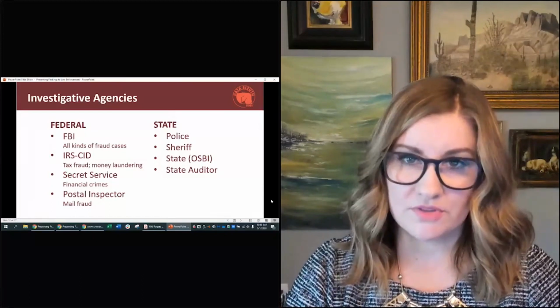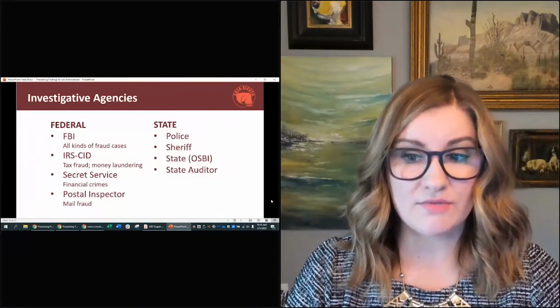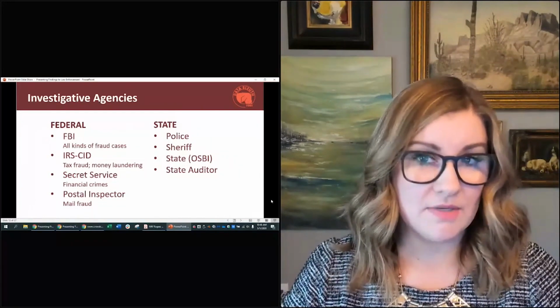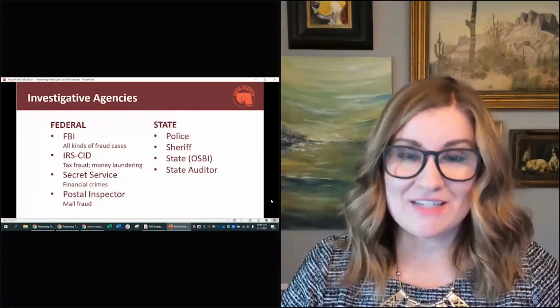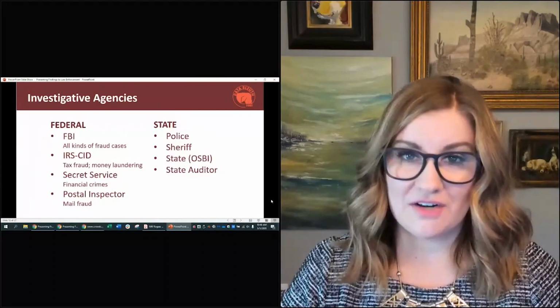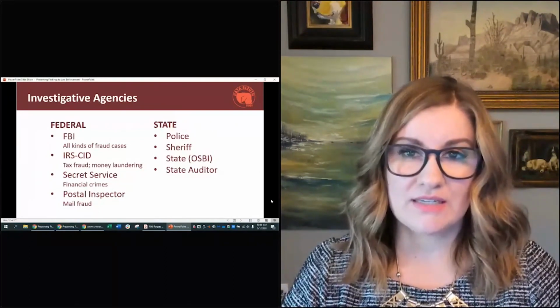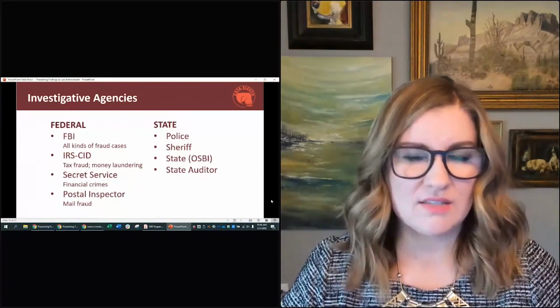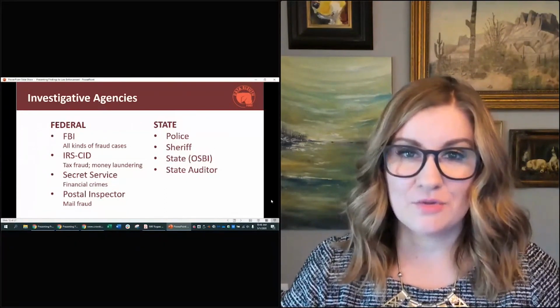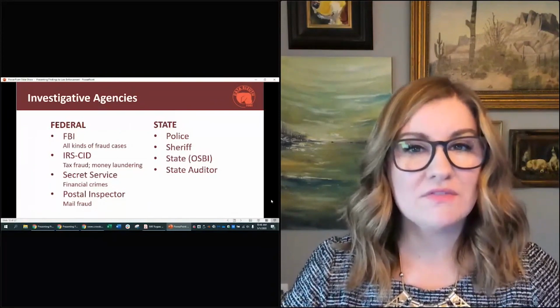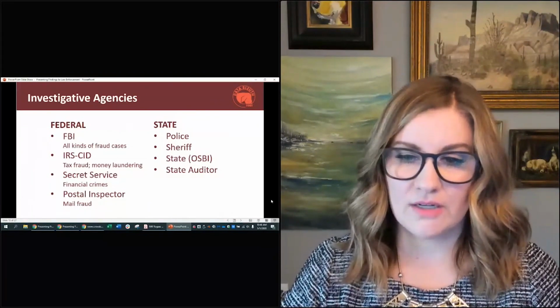The IRS Criminal Division primarily investigates tax fraud, also money laundering, like I mentioned earlier. Secret Service, a lot of times people don't know this, but Secret Service actually investigates financial crimes. They were originally set up to investigate counterfeiting, and now they work all kinds of white-collar crimes. Postal Inspector is also another area that works some of these financial crimes, especially if it involves the mail, then they can investigate mail fraud.